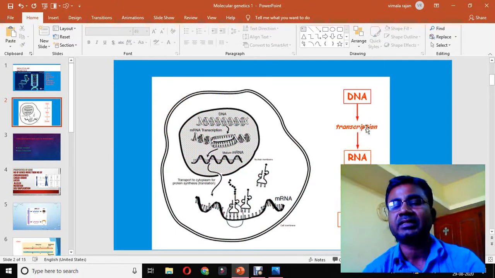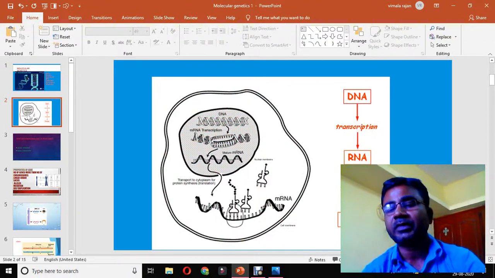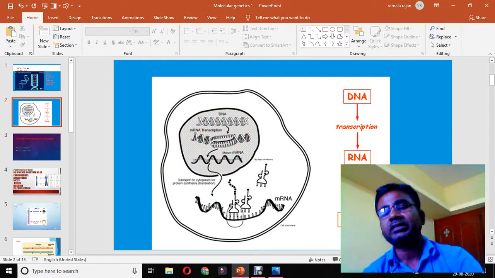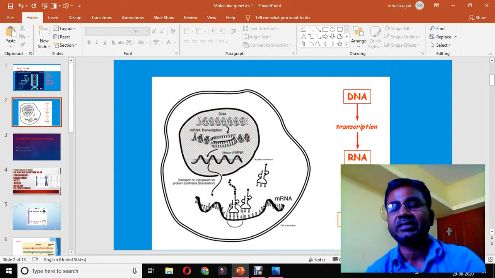That process is transcription. And then RNA is converted into protein. Proteins are produced from RNA by the process of translation. RNA is produced by the process of transcription, proteins are produced by the process of translation.